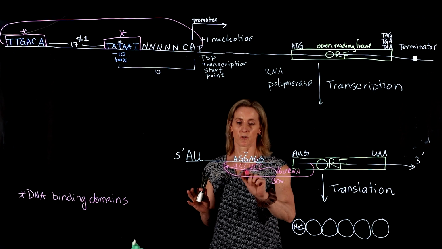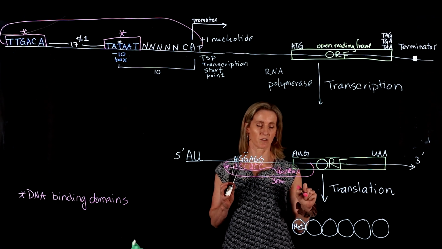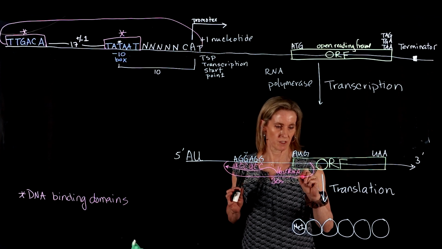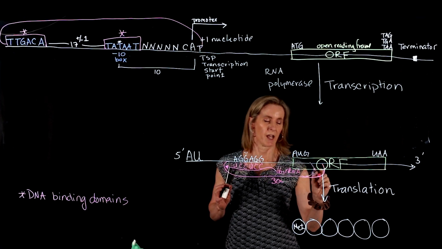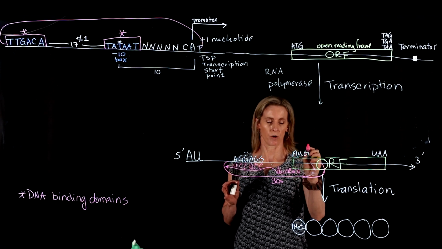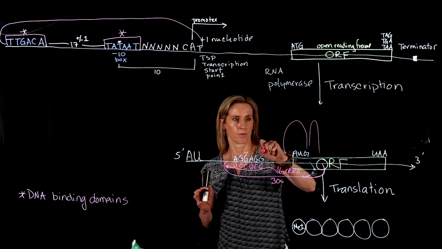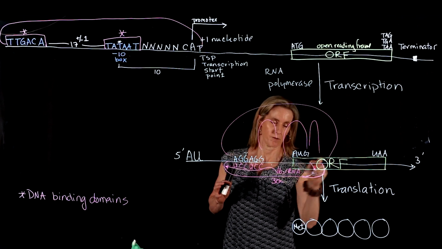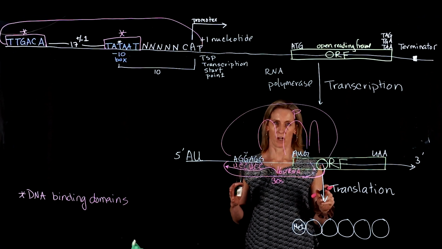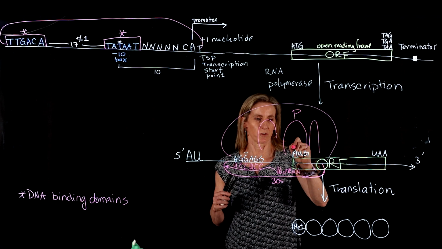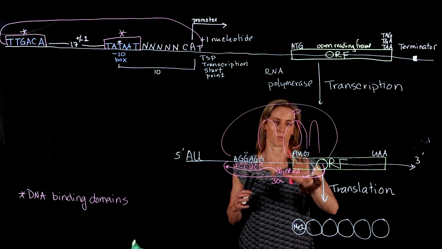And so the Shine-Dalgarno sequence will base pair with each of these nucleotides of the 16S. And it positions the start codon in the P site of the 50S ribosome, which is where the first tRNA will arrive and bind to the start codon and begin translation.